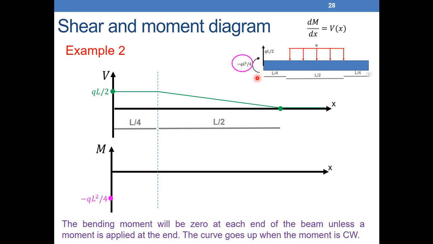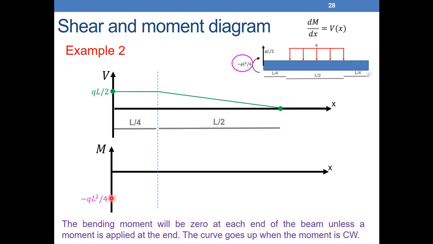I always need to convert it into a clockwise value. That's what's important: always find the value in the clockwise direction and then put it here. Every time I have a clockwise moment, I put the value as it is. If it was counterclockwise, I take the opposite sign and put it. So that's the objective here.